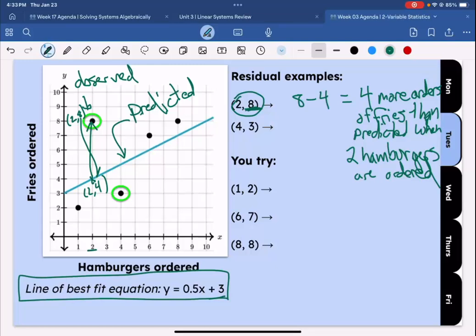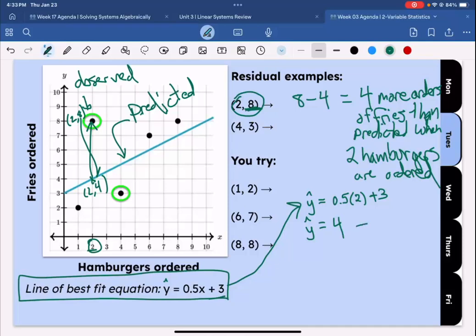The same thing would have happened if we would have used the equation. So if we use the equation, we knew our x value was 2. So our predicted value should be a y with a little hat over it. That means that we're going to be predicting using a line of best fit. So we have 0.5 times our x value of 2 plus 3. So our predicted value, half of 2 is 1, plus 3 is 4.